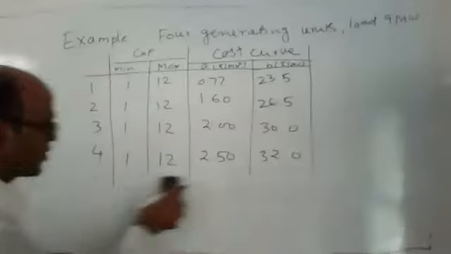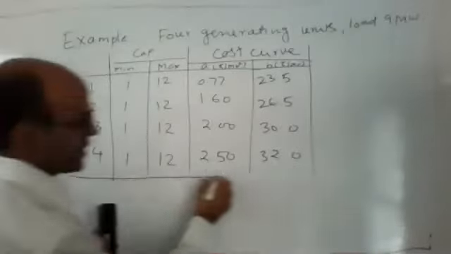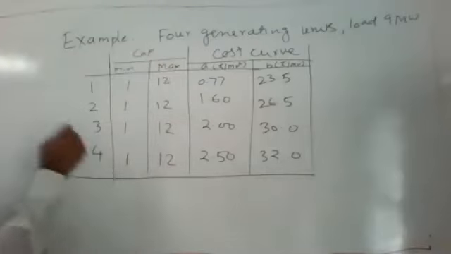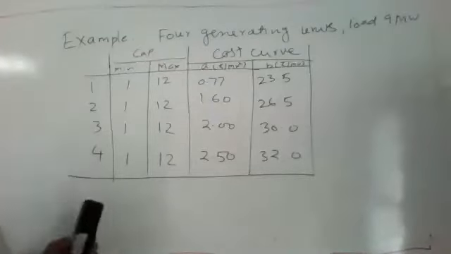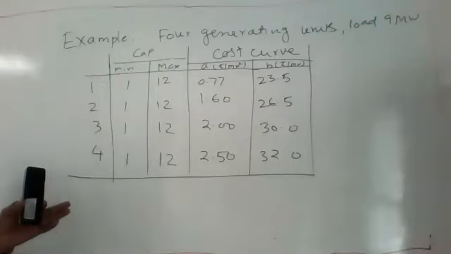Now you have to satisfy 9 megawatt by using these 4 units. Since the function is given, what is the cost function?